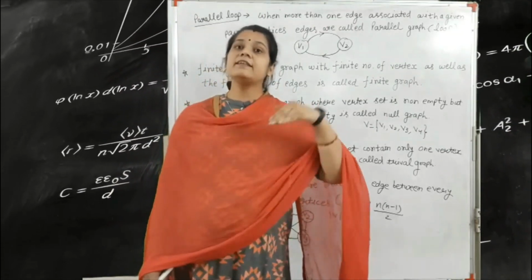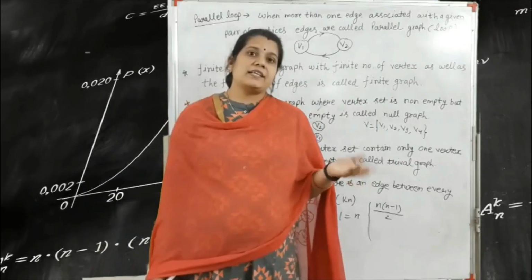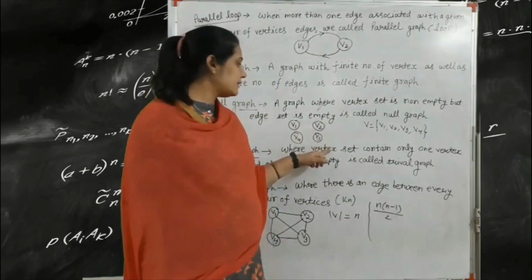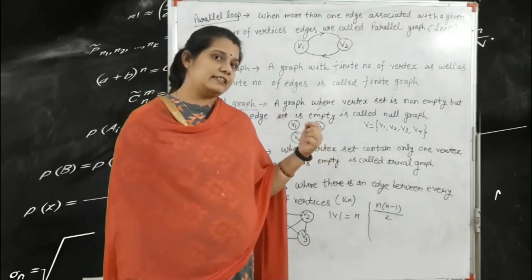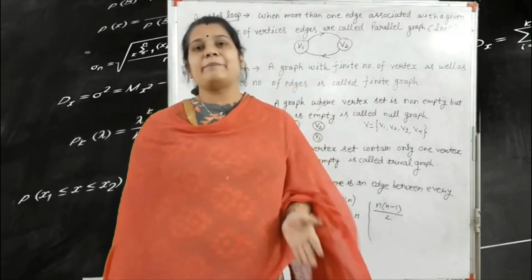But in the null graph the vertex set is non-empty, that means we write V1, V2, V3 up to Vn. But in the triangle graph the vertex set contains only one vertex, and the edge set is empty.